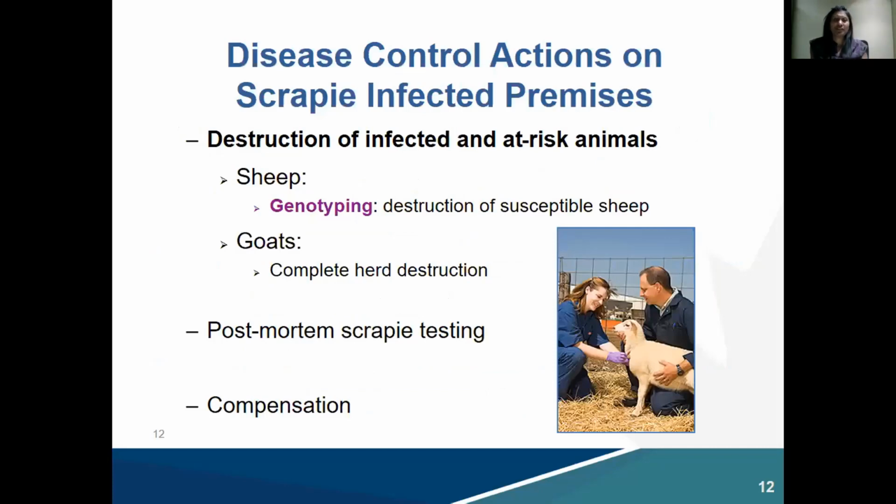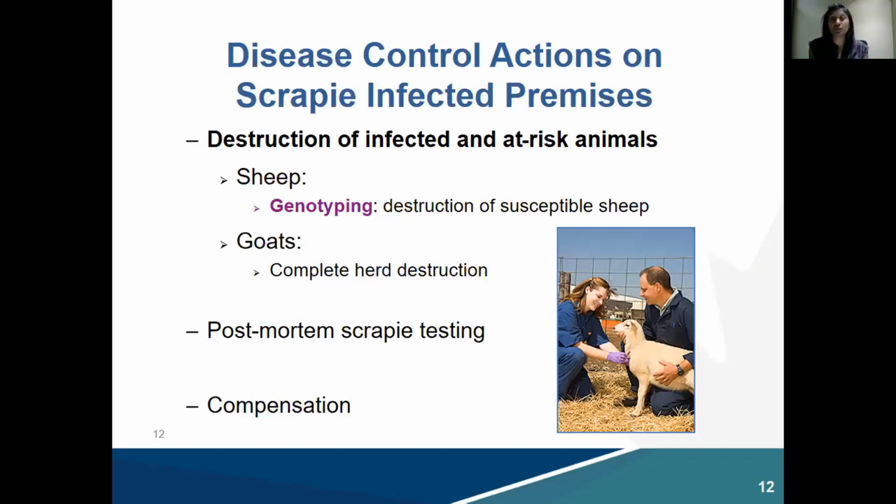So I'm just going to really touch on, as far as our disease control actions on scrapie infected premises, what's really relevant to my talk today. When we have a positive herd, our current policy is to destroy infected and at-risk animals. And so in sheep, we've had the tool of genotyping to help determine risk.